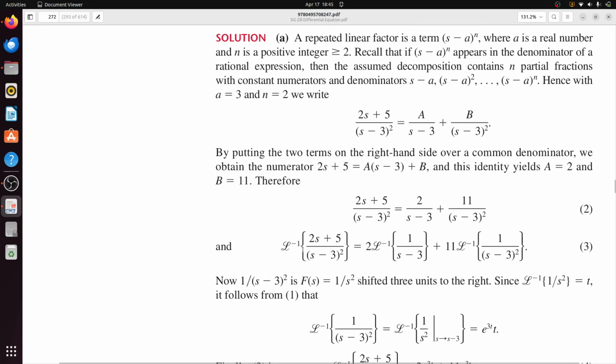Similarly, for the Laplace inverse of this, 2 by (s minus 3) is like 2 times 1 by s, whose inverse Laplace transformation is 1, so you need to multiply with e to the power 3t.